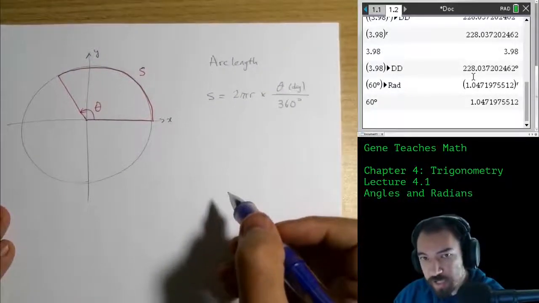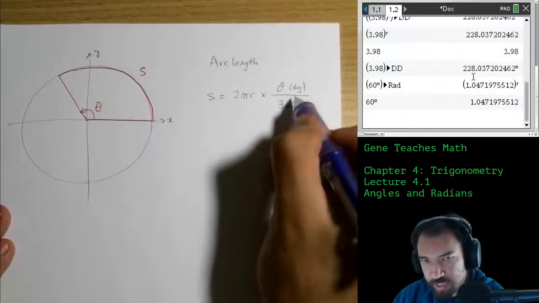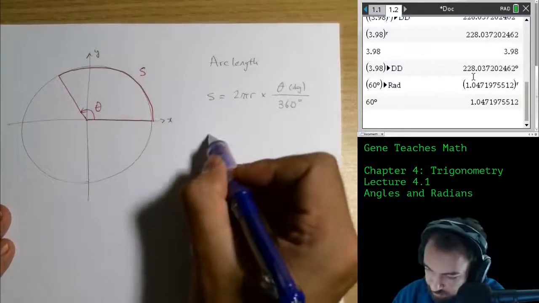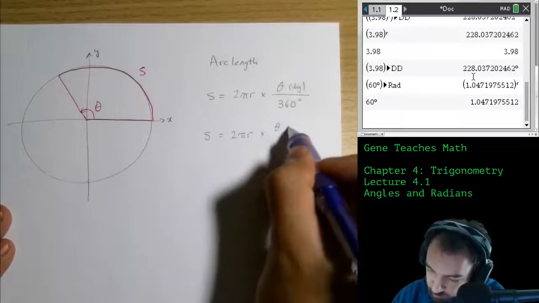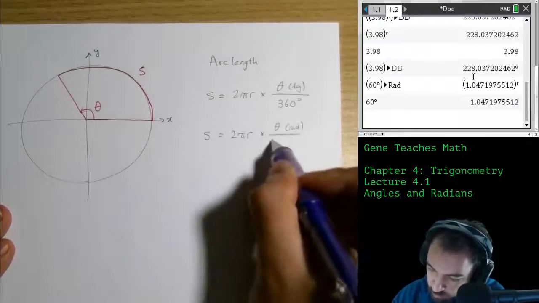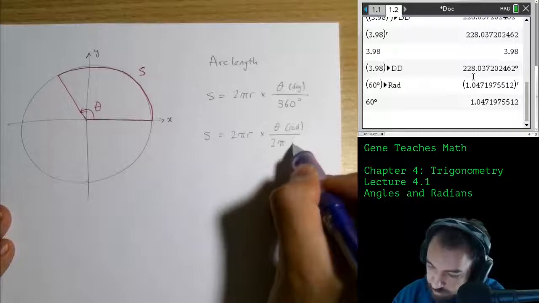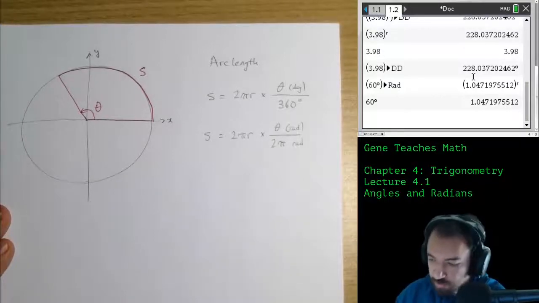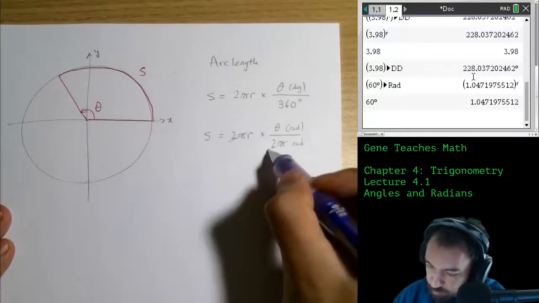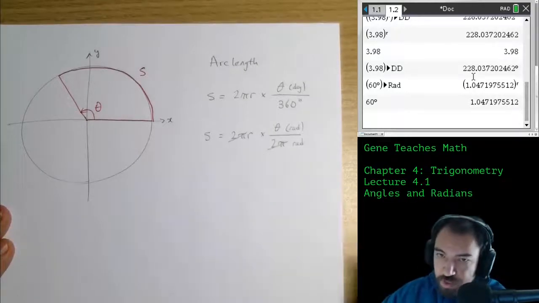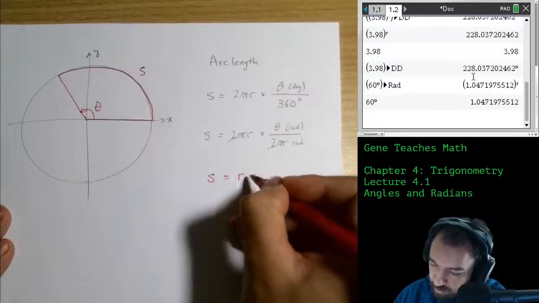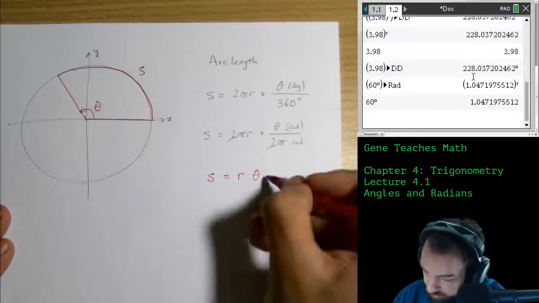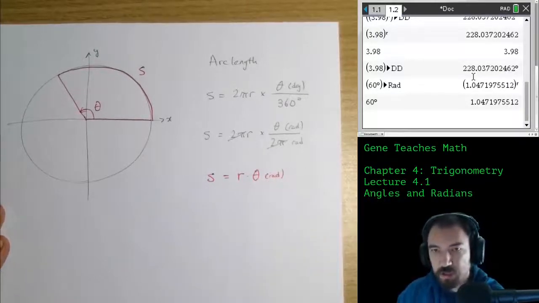Okay? But if we choose to measure theta in radians instead of degrees, we'd say S is equal to 2 pi r times theta in radians over 2 pi radians. So then we'd say this 2 pi and this 2 pi cancel, and you get a much simpler equation that the arc length is just r times theta in radians.